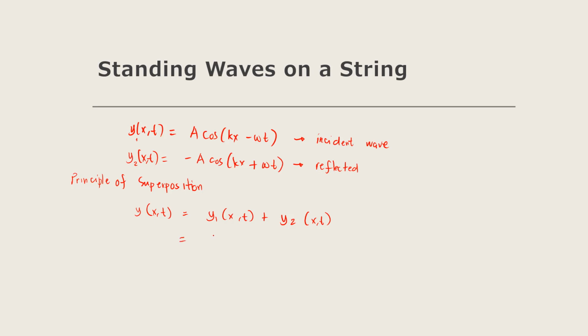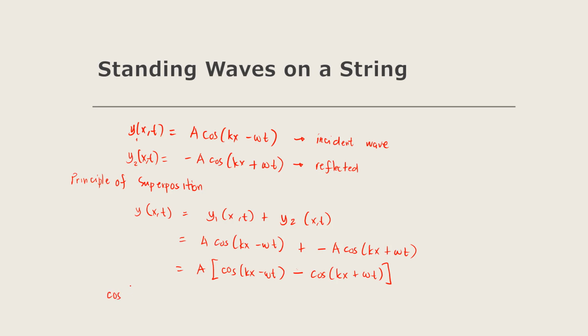So let us substitute y sub 1 and y sub 2. We have A cosine (kx minus omega t) plus negative A cosine (kx plus omega t). And we can take A out, so we have cosine (kx minus omega t) minus cosine (kx plus omega t). Now we make use of this identity.